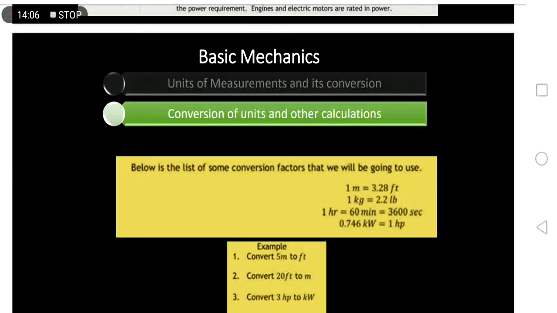Another example: when you measure your field using metric, in terms of meters, some other farmers might want to use feet, the English system.